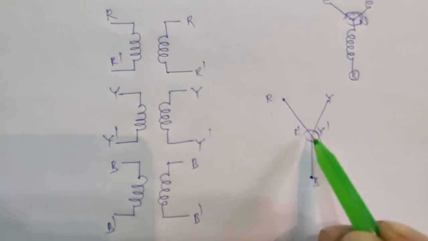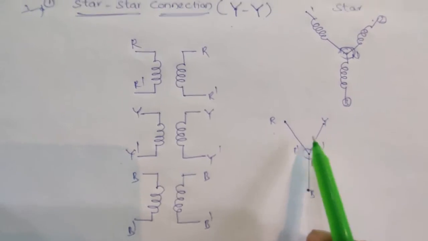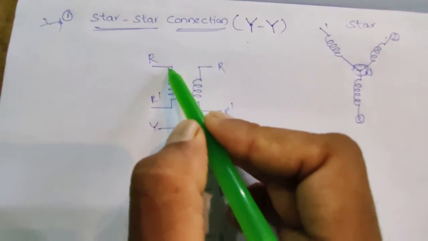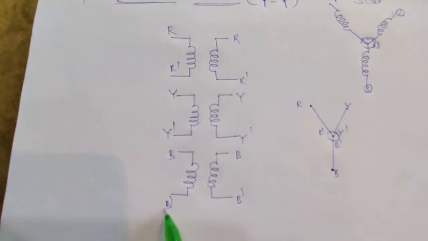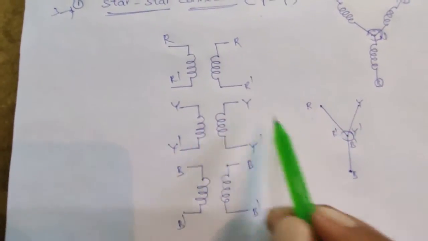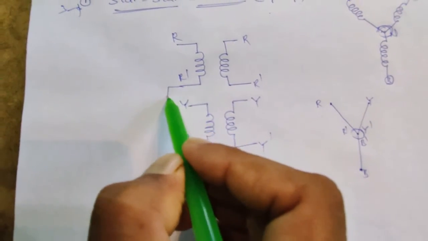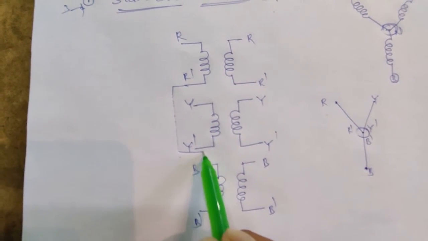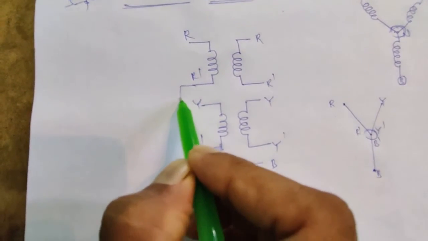So that's why we are connecting star to star. This is the star connection. At first this is star. We have to connect this first one to this one. So that's why these dashes we have to connect at first. This is R dash, Y dash.